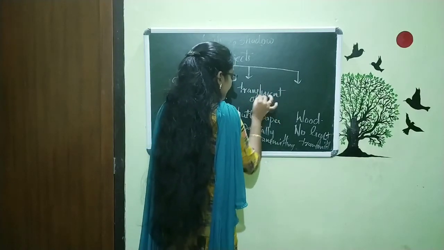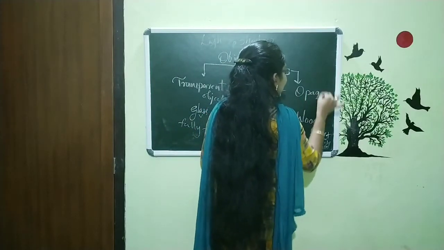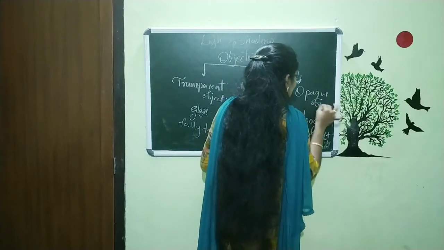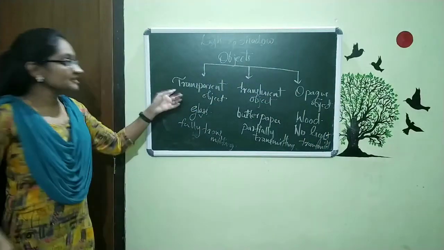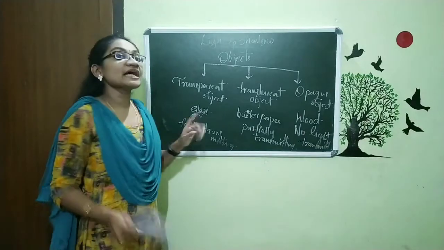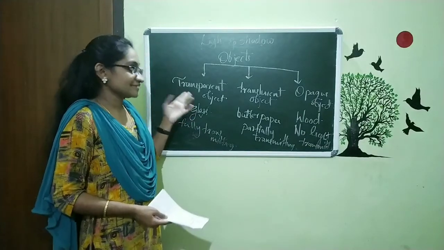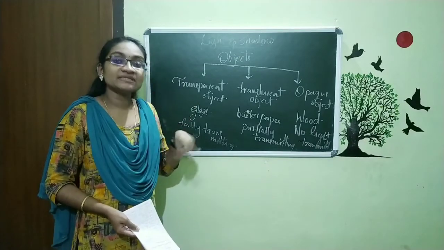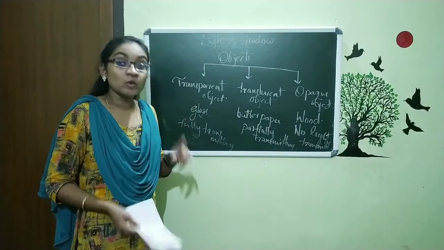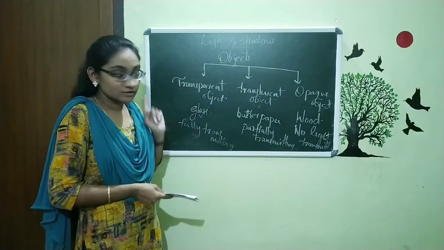Translucent object. And the final one is opaque object. So, transparent object, that is the first type of object which allows light to pass through. Transparent objects are the objects which allow light to pass through the substances. That is called a transparent object.